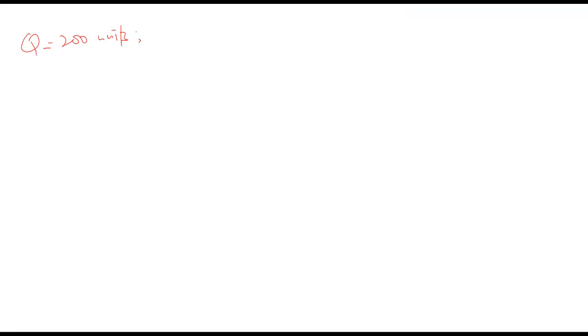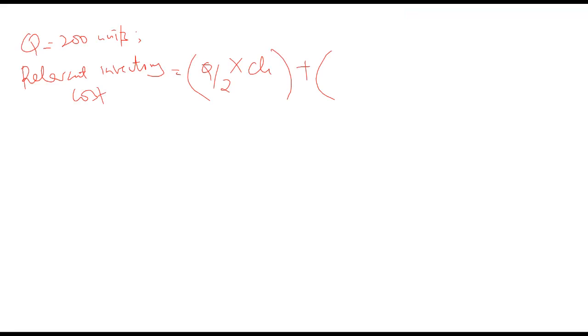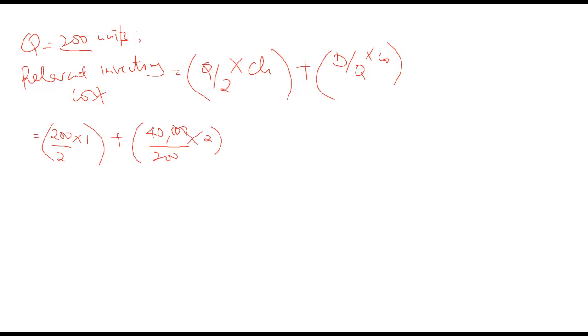Since we have said that the purchase cost is irrelevant, the total relevant inventory cost is holding cost, Q divided by 2 times holding cost per unit per year, plus ordering costs, number of orders per year times cost per order. Therefore, Q is 200, so 200 divided by 2 times the holding cost per unit of $1, plus orders per year, which is annual demand 40,000 units divided by Q of 200, times the cost per order of $2. That gives us $500 as the cost in case you reorder at a Q of 200.